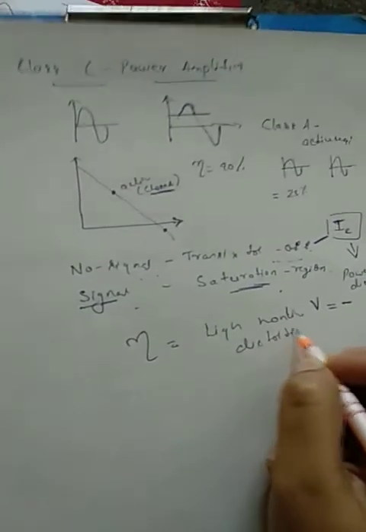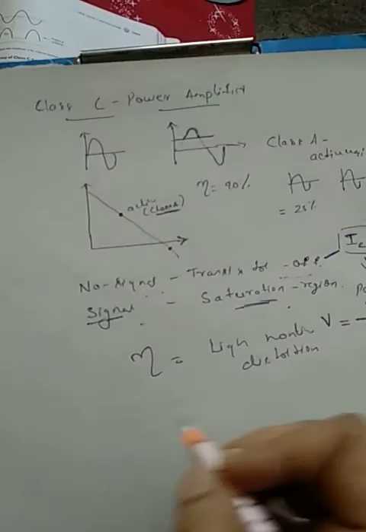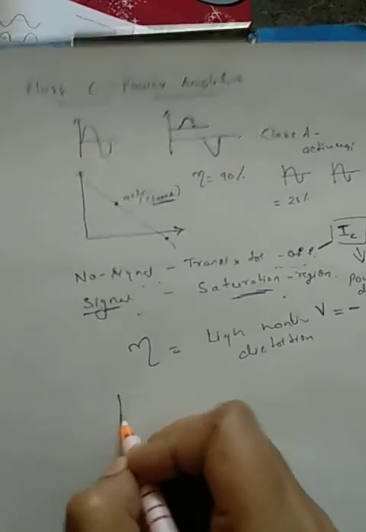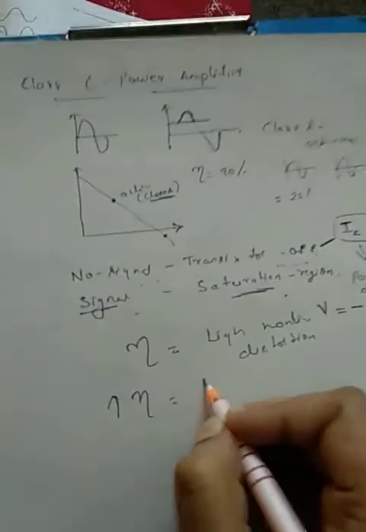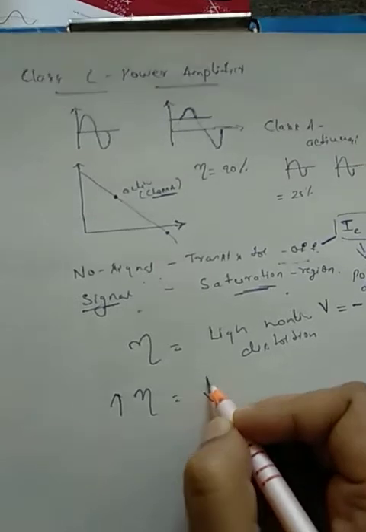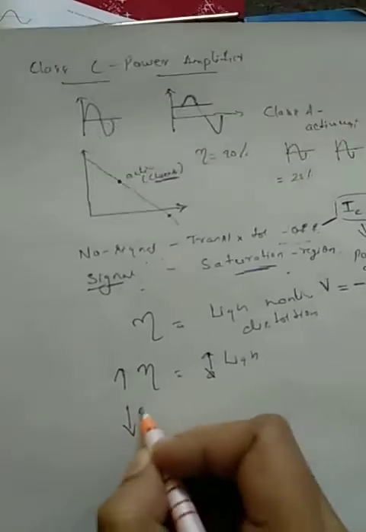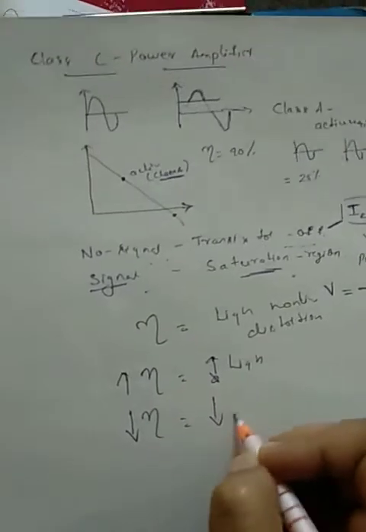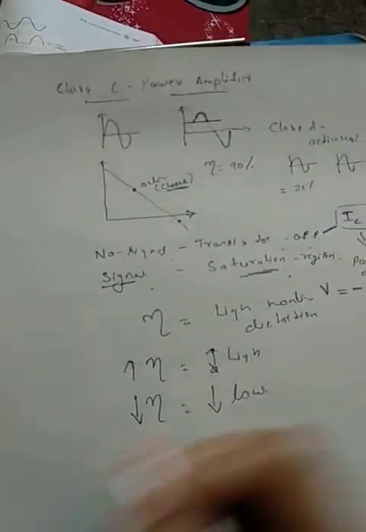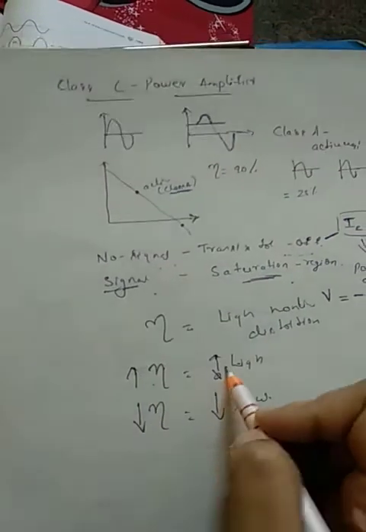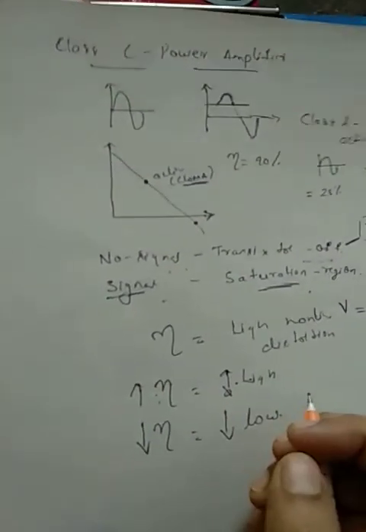So we need a trade-off between efficiency and distortion. If we want high efficiency, the distortion will be high. If we want lower efficiency, distortion will be low.